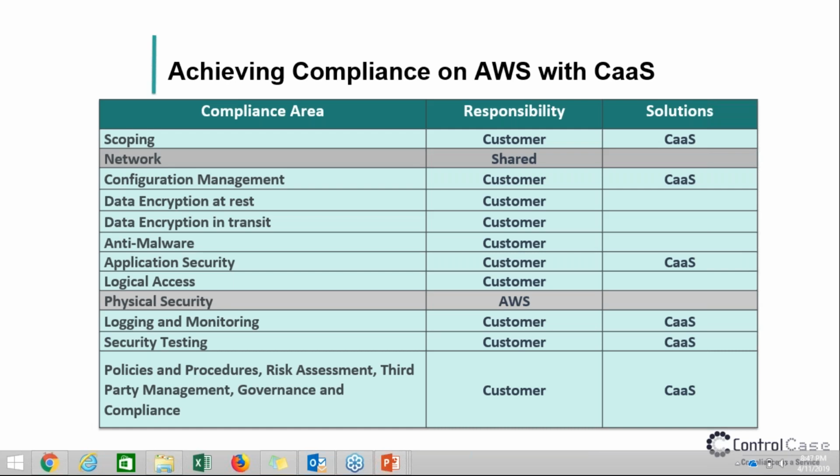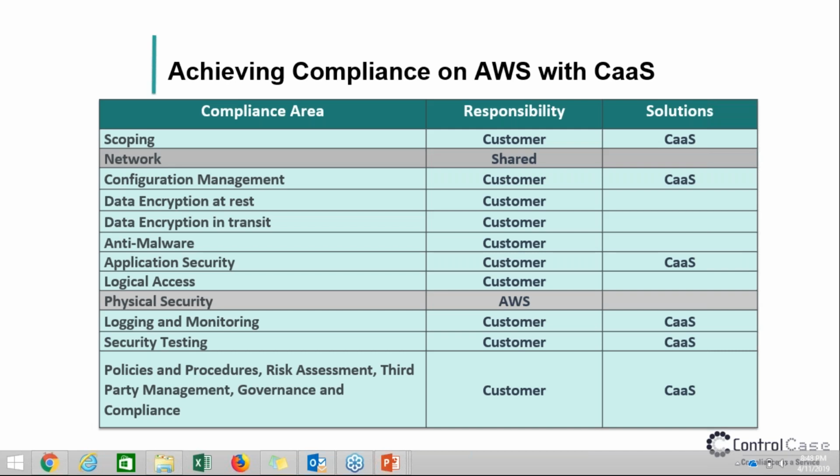These areas include scoping, configuration management, application security, logging and monitoring, security testing, policies and procedures, risk assessment, third party management, governance and compliance, etc. Out of which policies, procedures, risk assessment, third party management are very generic and not specific to AWS ECS as such, and can generally be used for multiple requirements.